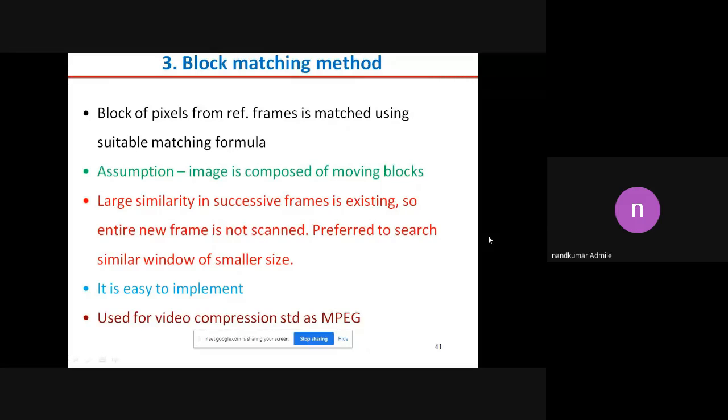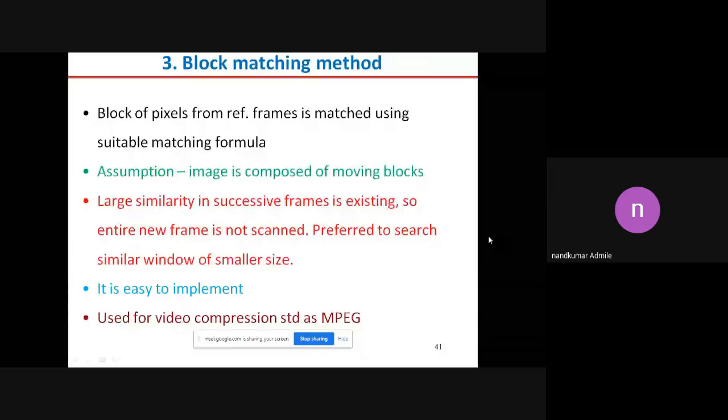In a block based method, we divide the total frame into a small number of blocks.